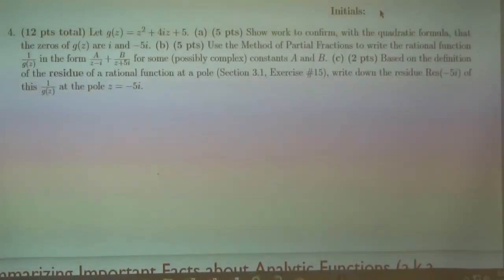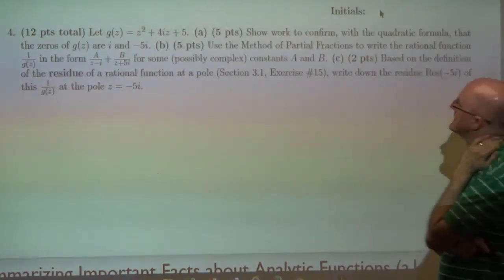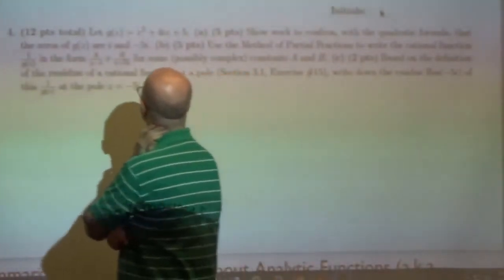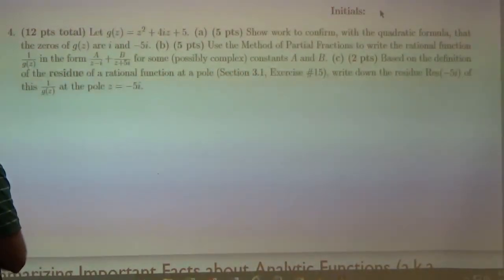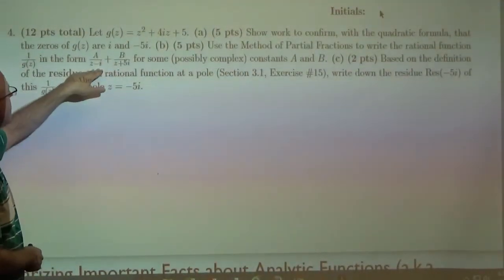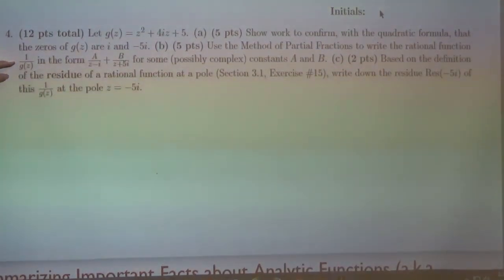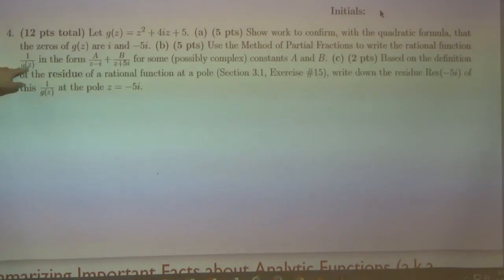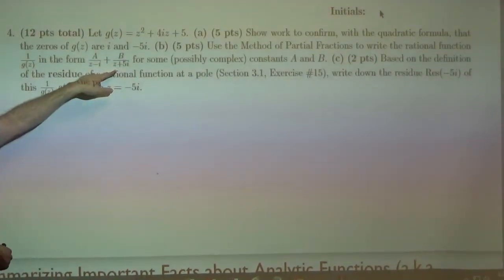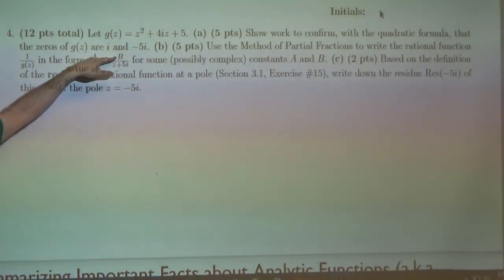Here you're breaking up a rational function in terms of partial fractions and calculating the residues. Or, let's see, is that what they're doing here? Well, once you've got this partial fraction expansion of this rational function here, the residue of this function at negative 5i, which is a pole, will be just whatever b is.